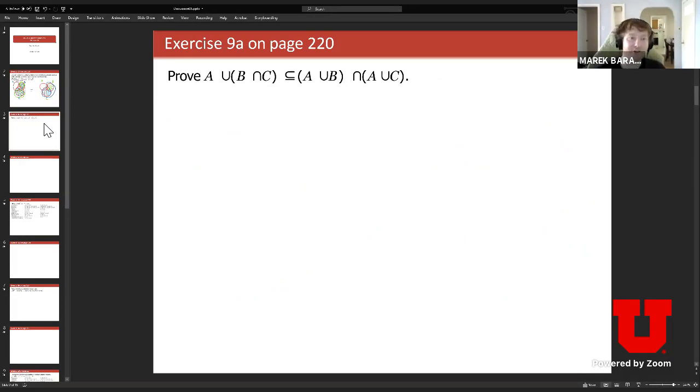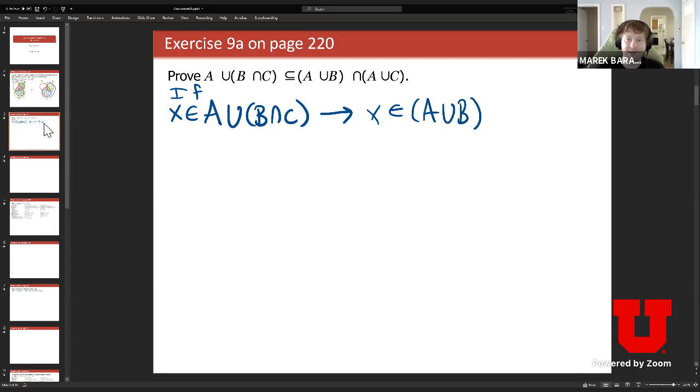So I think this one we're going to do an element-wise proof. So to refresh your memory, if we have an element X in A union B intersect C, then we need to show that X is in A union B intersect A union C. I'll just get started a little on this.